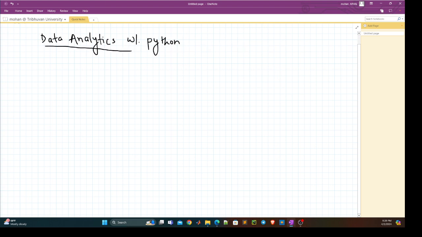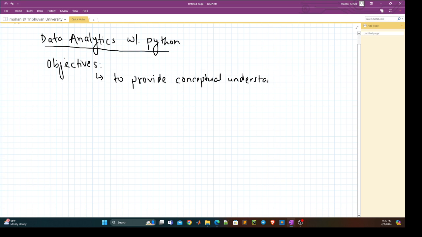This is the name of the course, and in this course we are going to cover many aspects related to data science, and the basic objective of this course will be to provide conceptual understanding of the subject.